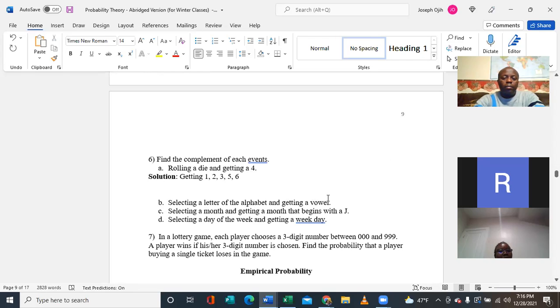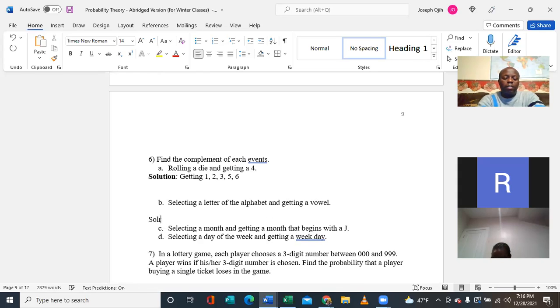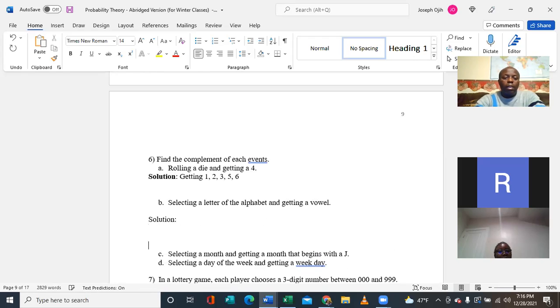Now this one says the complement of this event. Solution: writing a letter of the alphabet and getting a vowel. It means not getting a vowel.